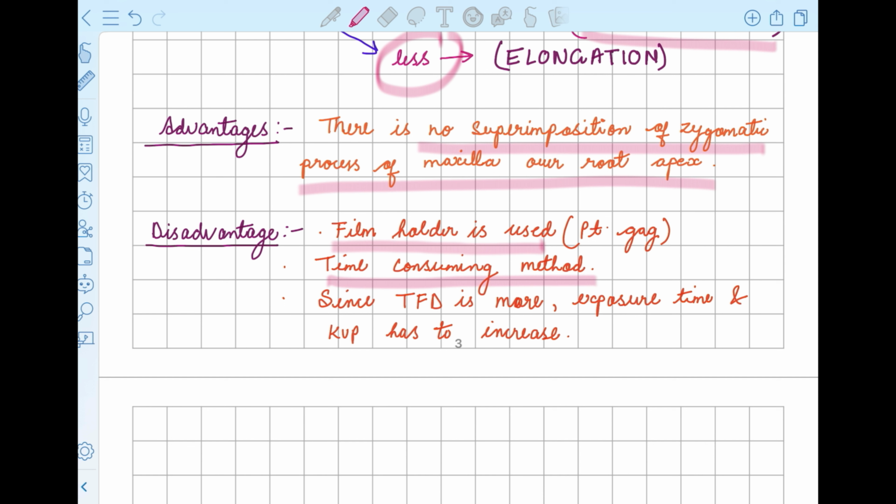Target film distance, is more. And as I explained, they are using a long open-ended cylinder of 16 to 18 inches, so for the X-rays to pass through such a long cylinder, we have to increase the exposure time and KVP.